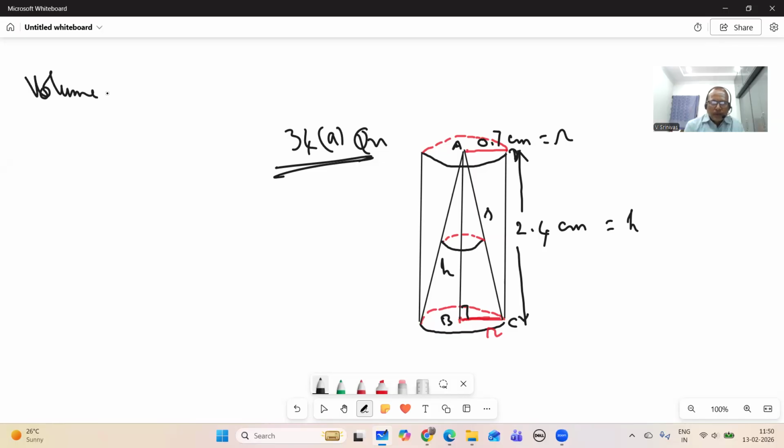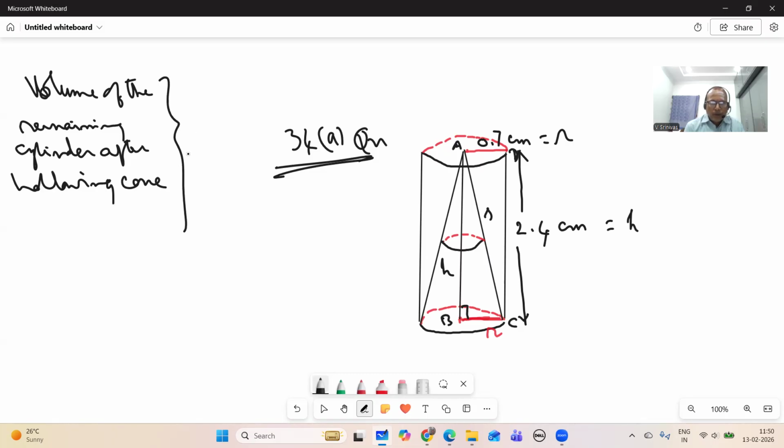It is volume of the remaining cylinder after hollowing cone. This is question 34A.